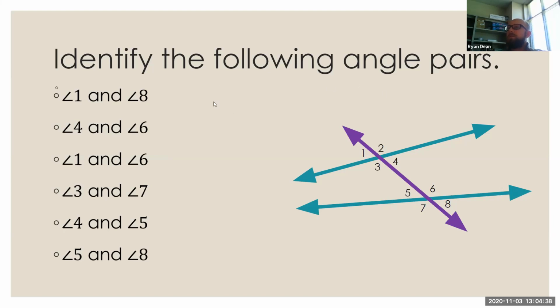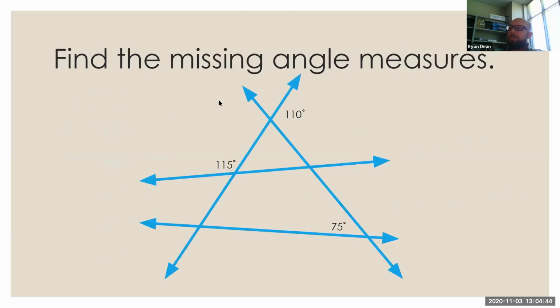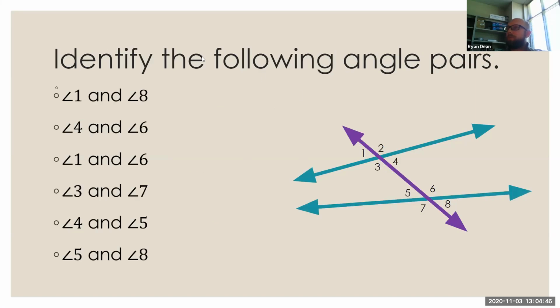But with this activity, what we're going to do is identify each of the following pairs that are over here on the left-hand side. So we're going to start off with angle 1 and angle 8. Angle 1 and 8. So here's 1. And here's 8.